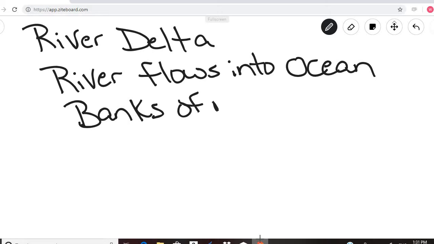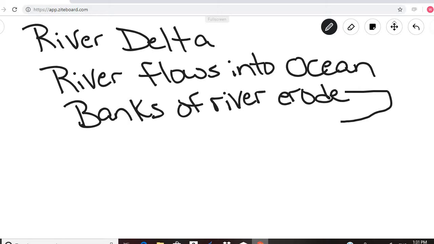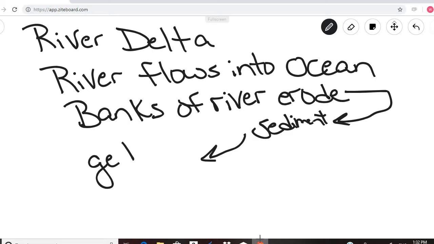So the banks of the river erode. And of course, when they erode, what are they carrying? Well, they're carrying sediment. And that sediment then gets deposited along the coast. And you have a delta.